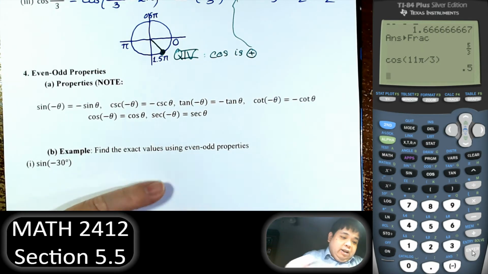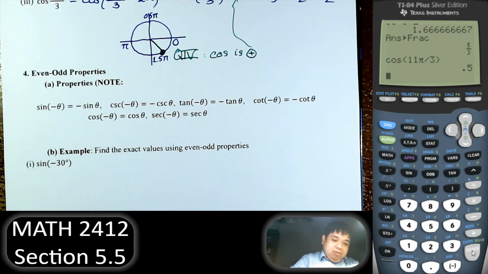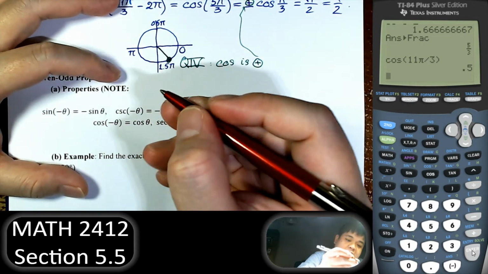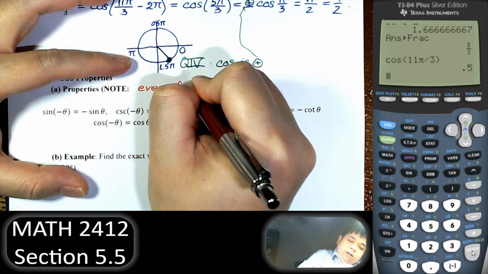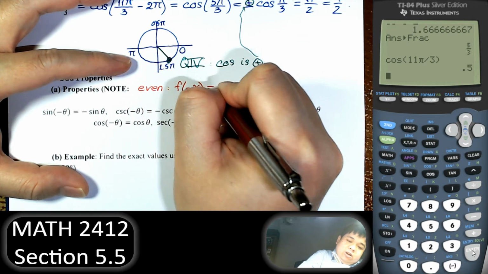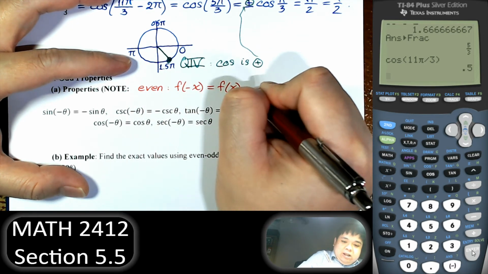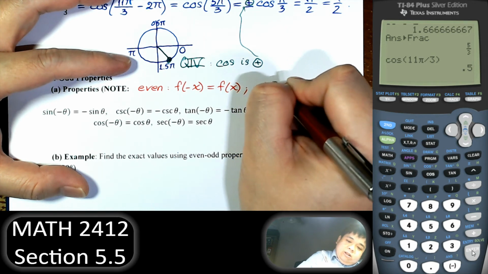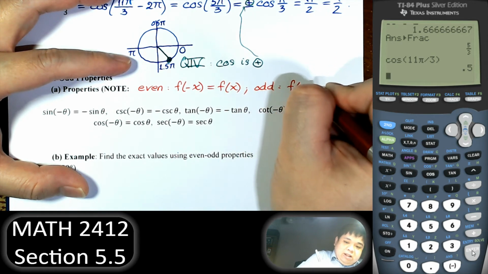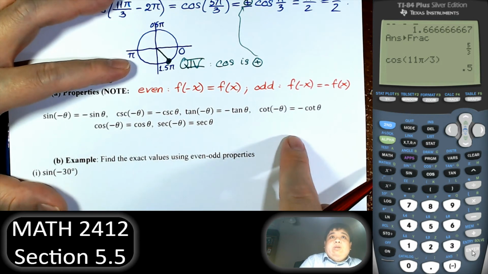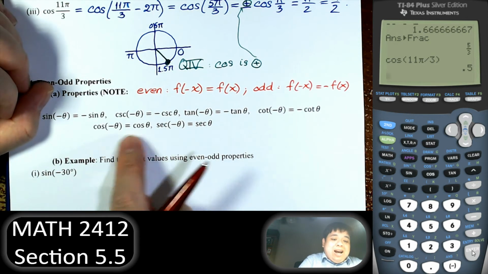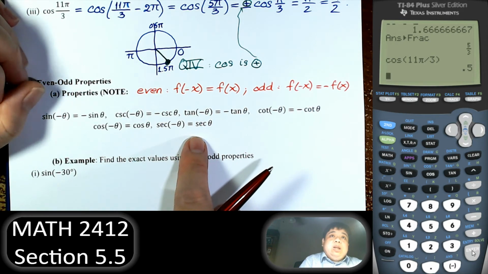Next we have even and odd properties. So note that an even function is f of negative x equal to f of x. An odd function is f of negative x equal to negative f of x. And of all the trig functions, cosine and secant are even, everything else is odd.